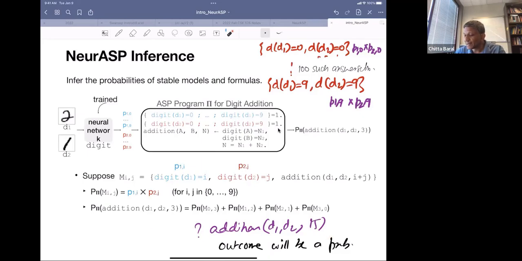And I think that's what is described here. For the addition of D1, D2 being 3, it is 0 and 3, 1 and 2, 2 and 1, and 3 and 0. So it's the probability of each of these, and you sum it up. So that's the inference.